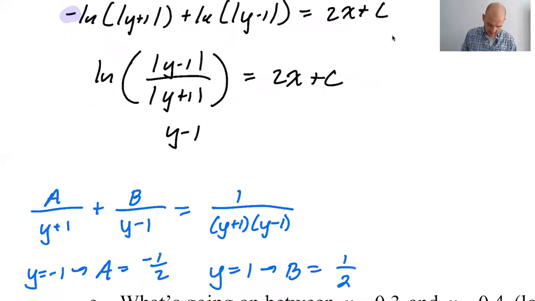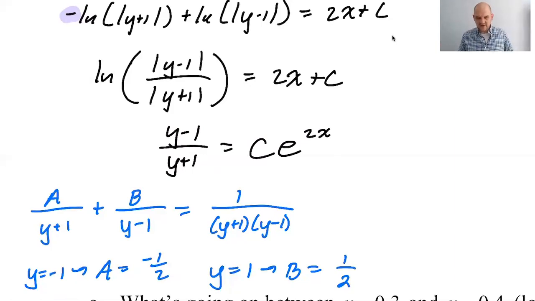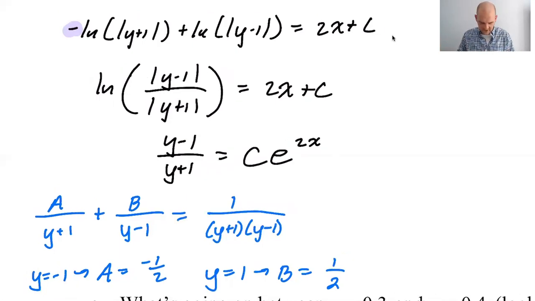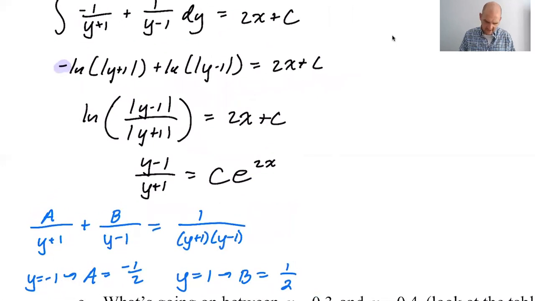Just say y minus 1 over y plus 1 is equal to a new constant times e to the 2x. So what's my logic for dropping them? That I exponentiated, and then that constant can either be positive or negative, depending on if it needs to be. I don't think that's really the best argument, but I'm temporarily confused about how to deal with them. So I've just decided to drop them because I'm pretty sure I don't need them.